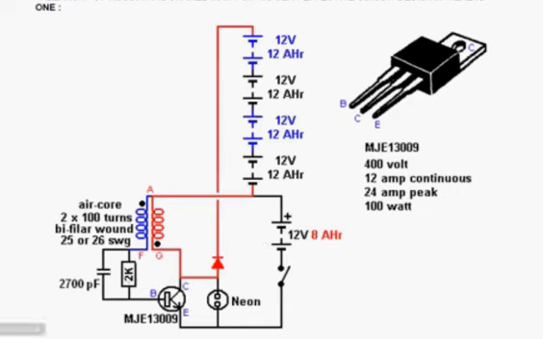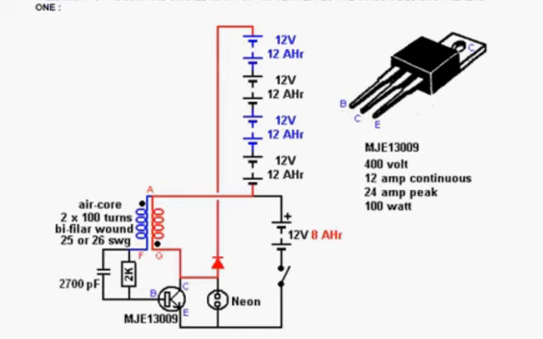And the current fed in through the resistor to this transistor is quite large. And because of that, the wire on this coil is fairly strong. It's using an MJE13009 transistor. The transistor has 3 connections, a base, a collector, and an emitter.